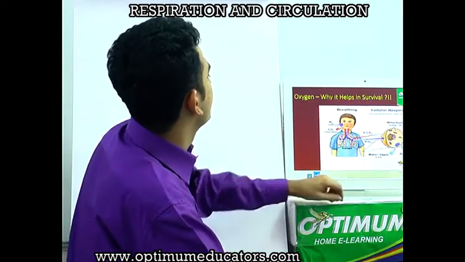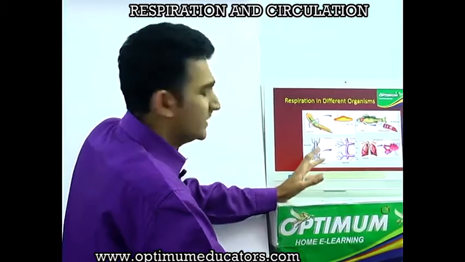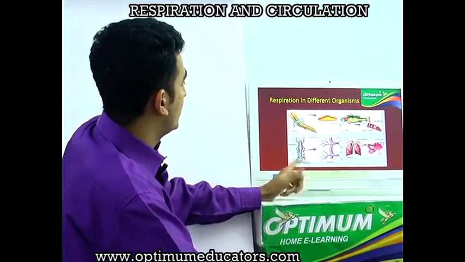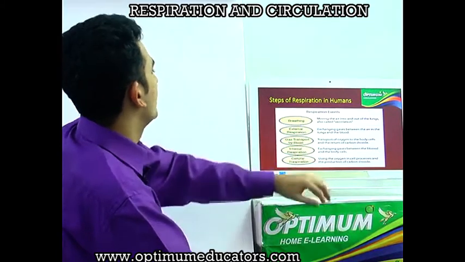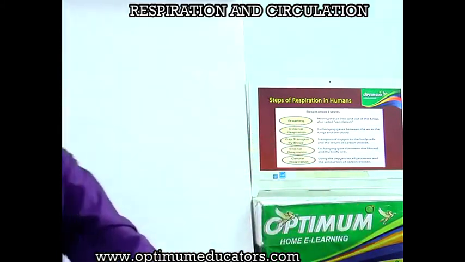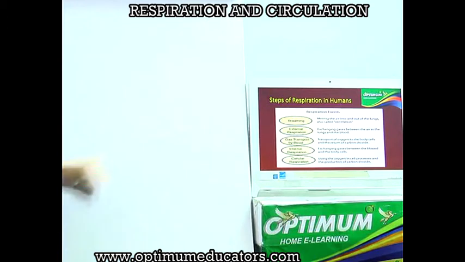So this is again a picture. I think I've just tried to show you this about respiration in different organisms, and we come to this one. Out of all the events of respiration, we figured that breathing is the first event.